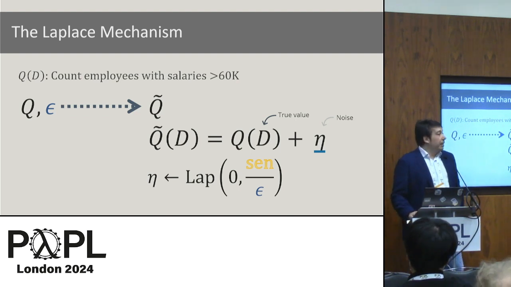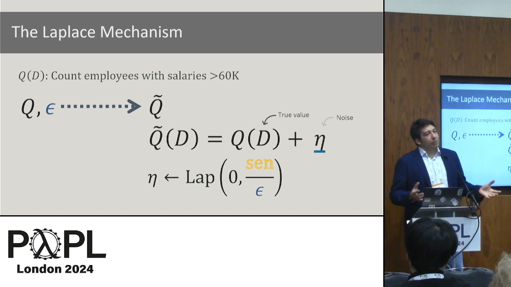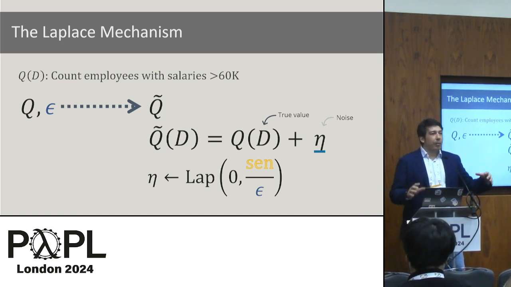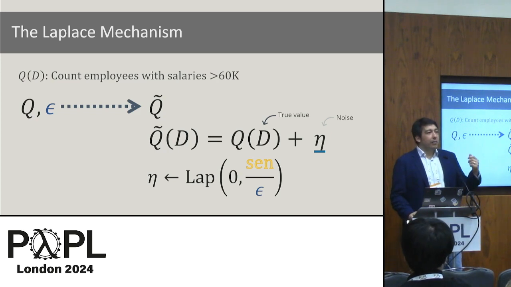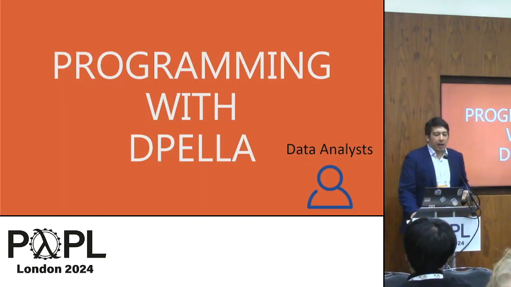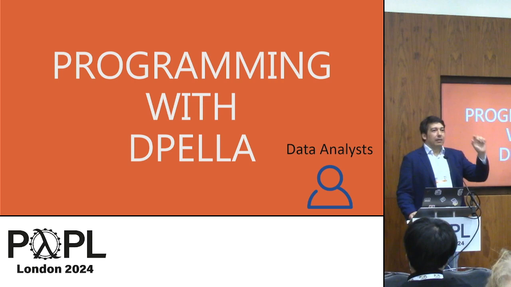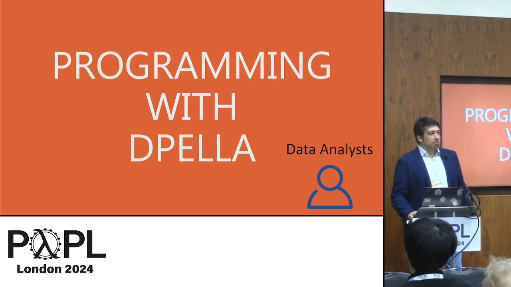All of this involves some heavy math, but we are going to package all of it and give you a DSL where you can write queries that are differentially private and support this notion of privacy budget. You are the data analyst, and I'm going to give you my DSL to play with.